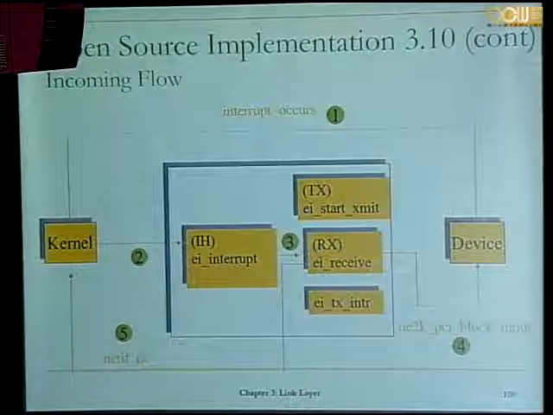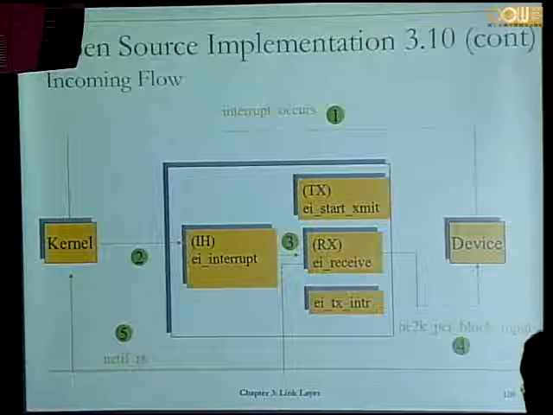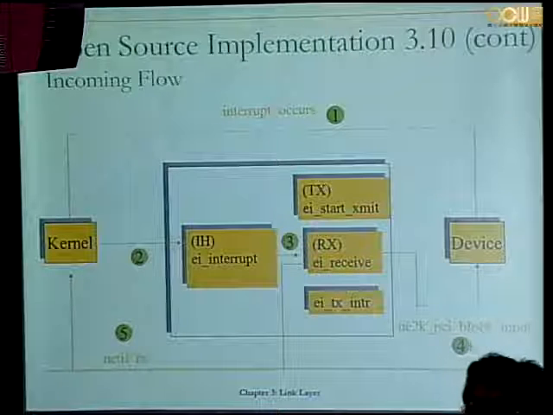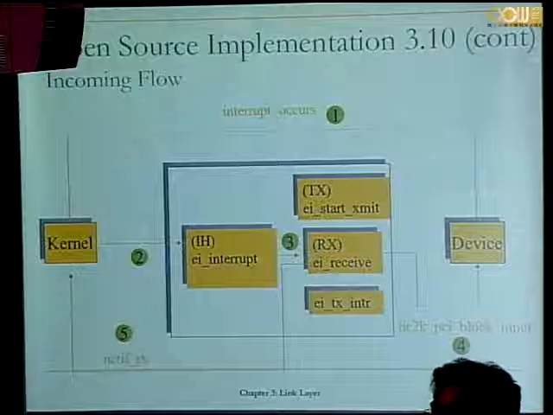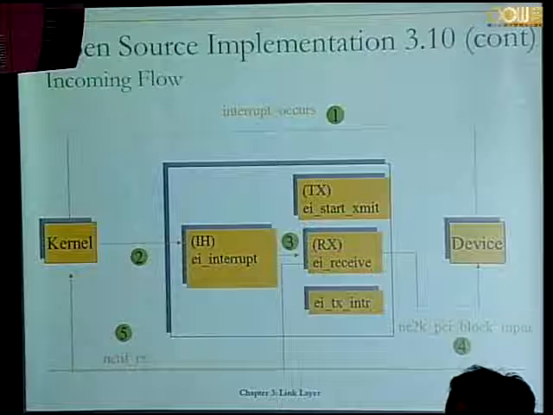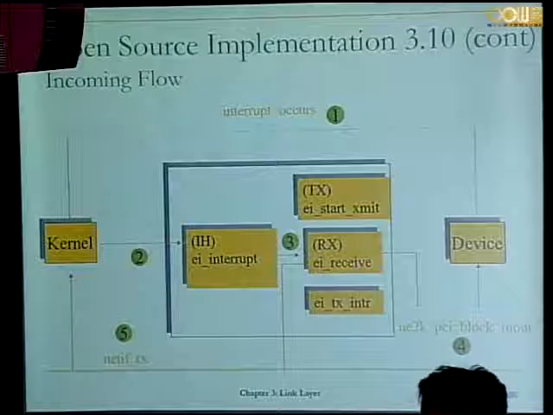So you immediately find out that you need 2 interrupts in order to receive a frame, right? But you just need 1 interrupt in order to transmit a frame.